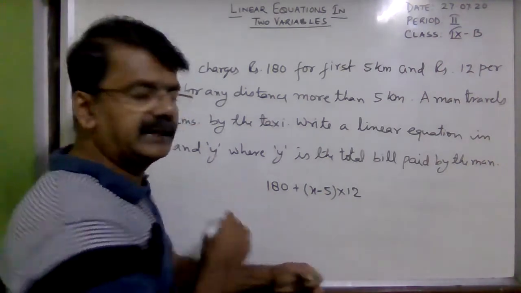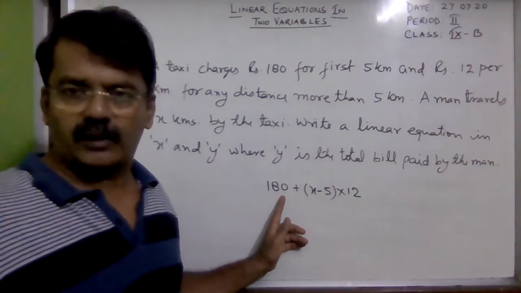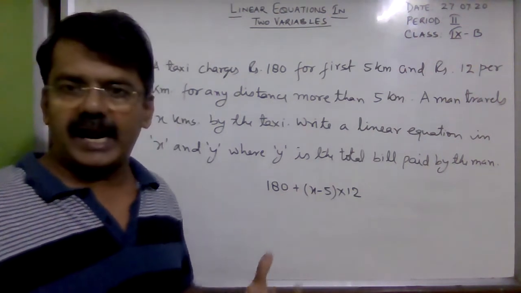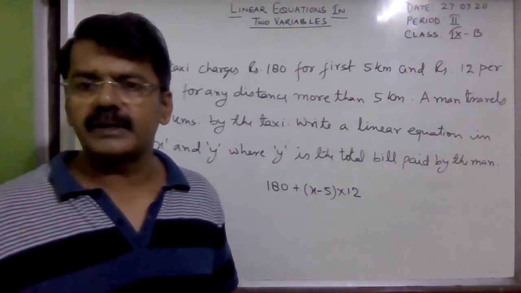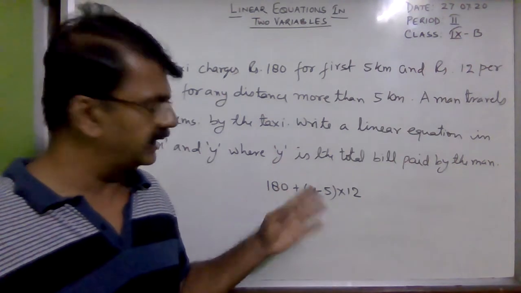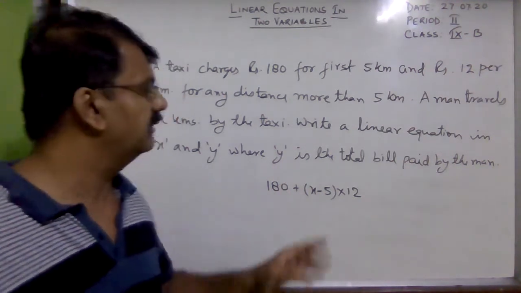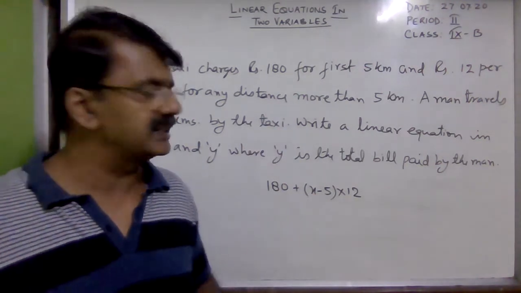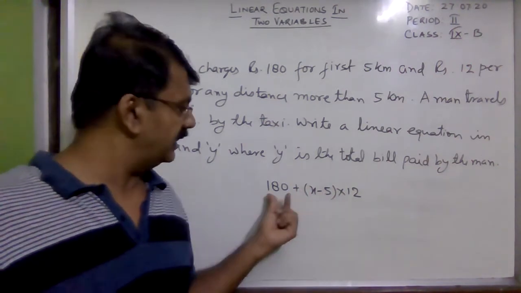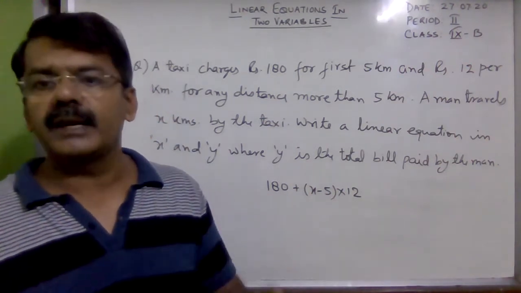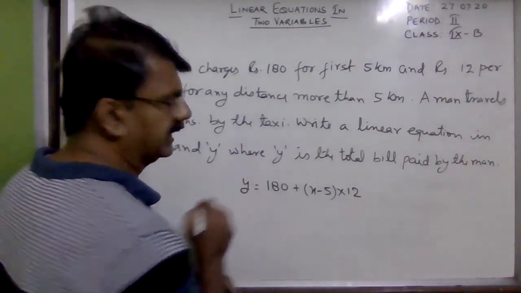Okay, I repeat, he has paid 180 for the first 5 kilometers and the total distance covered by the man is X kilometers. So the remaining distance will be X minus 5 and for those X minus 5 kilometers he is paying rupees 12 per kilometer. So X minus 5 into 12, and when these two things are added, that is the total bill paid by the man, and that total bill is rupees Y.